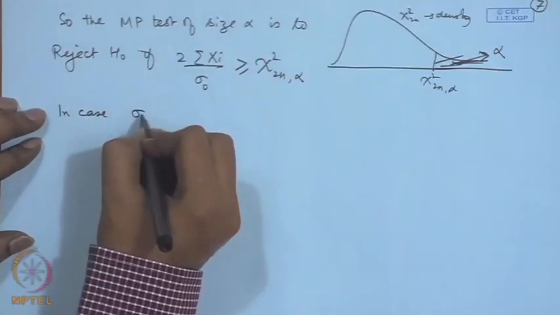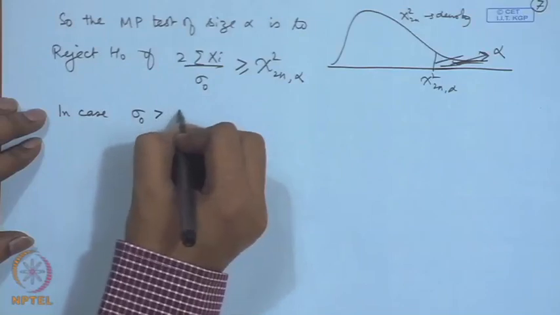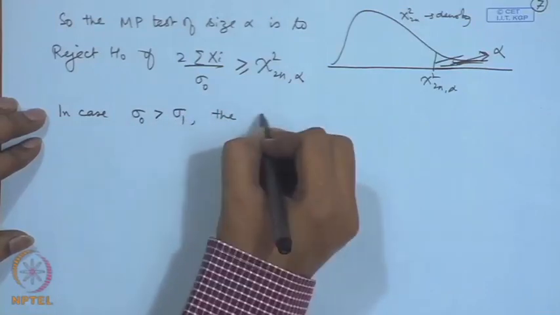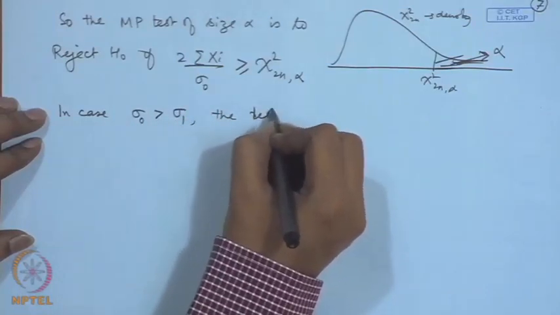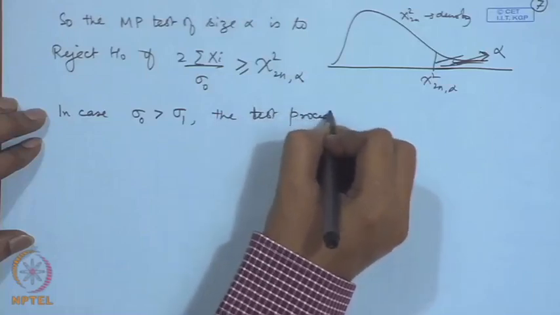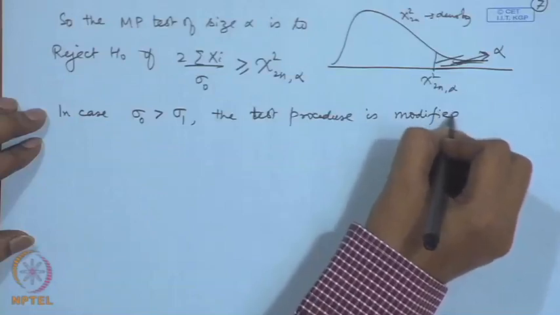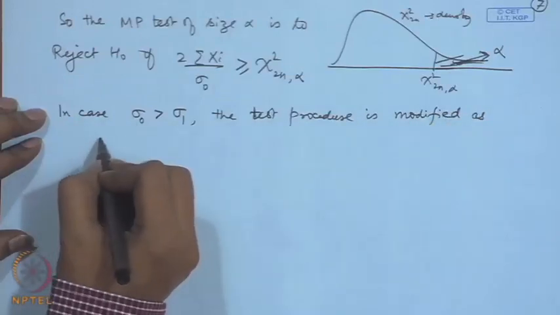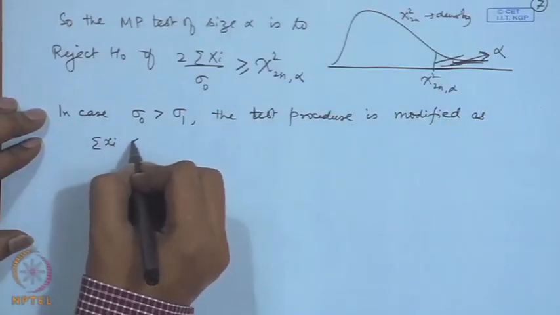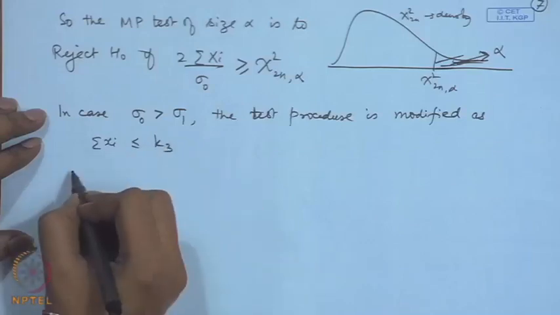In case sigma naught is greater than sigma 1, the test procedure is modified as sigma X_i less than or equal to say k3.